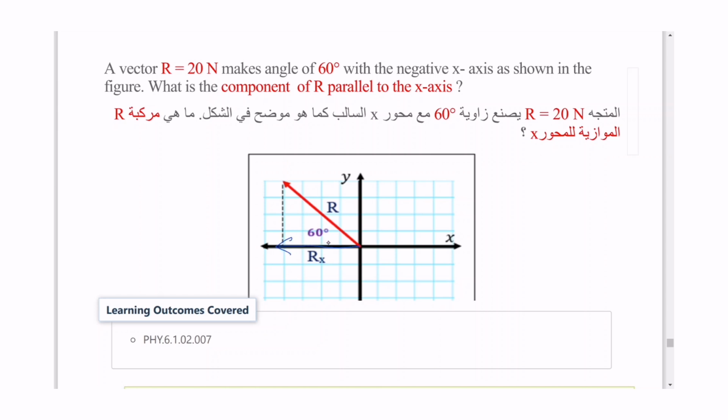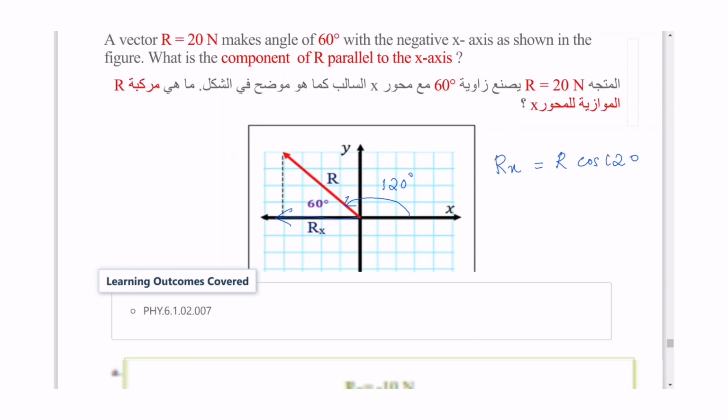We always take angle from the positive x-axis. So if we take angle from the positive x-axis, the total angle is 180. So 180 minus 60, this will be 120 degrees, right? So the x component Rx will be R cos 120.